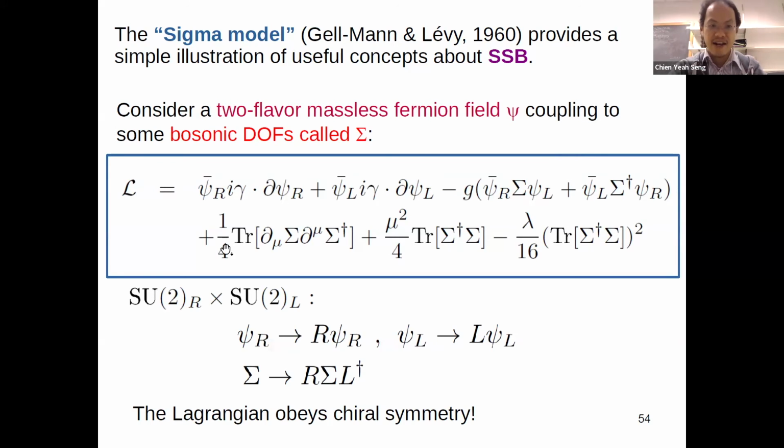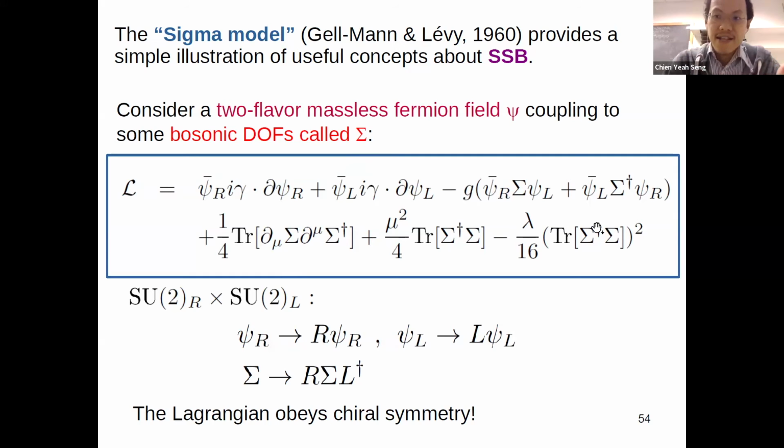Now the Lagrangian of the sigma model is the following. We have a two-flavor massless fermion field, so psi has two components. They are fermions, and they couple to some bosonic degrees of freedom called sigma, and this sigma is a 2 times 2 matrix. So you have the fermion term, the sigma term, and then the coupling term between the fermions and the sigma.